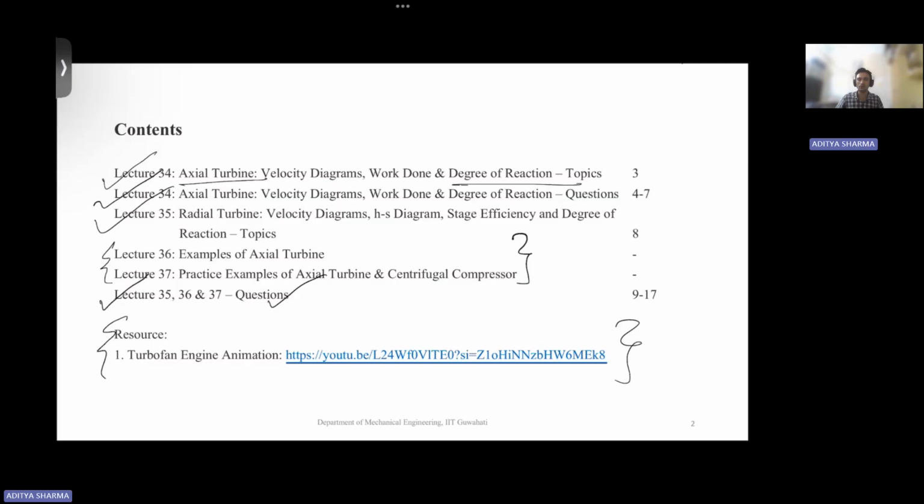How the flow moves in a turbofan engine, right from its fan, the bypassing of the air, and the core engine where you have compressors, then your combustion chamber, and how combustion takes place, how the fuel mixes with your air, and then how the gas out of combustion is impinged on your turbines, and how your turbines rotate, and eventually through the nozzle this gas comes out in the form of a jet.